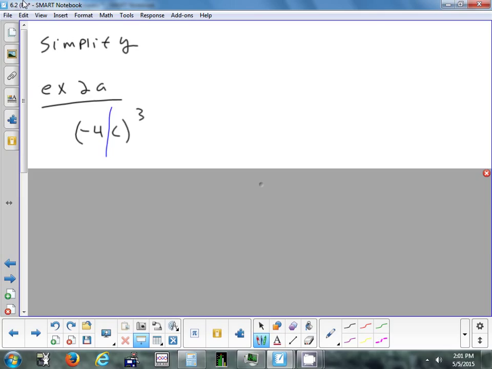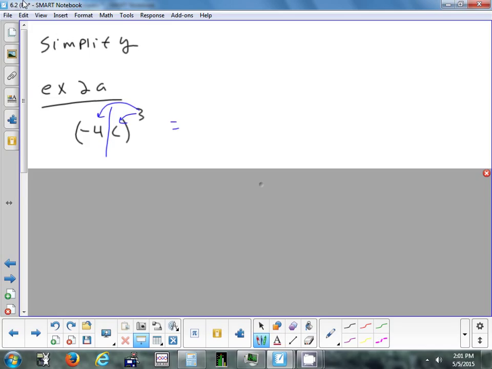Break up your letters from your numbers, all right? Then that's going to go to this, and that's going to go to this. All right, so that will equal.